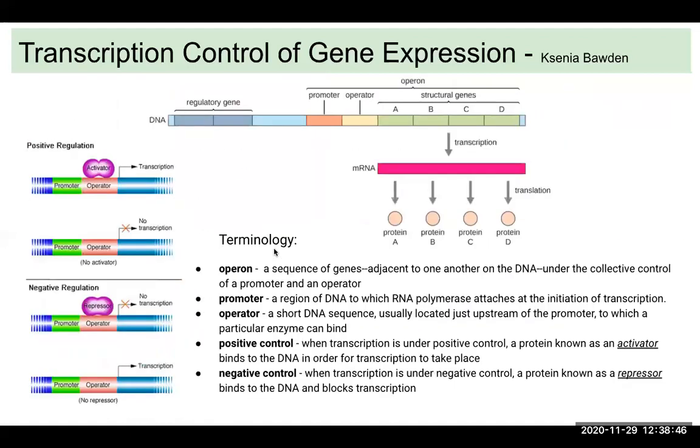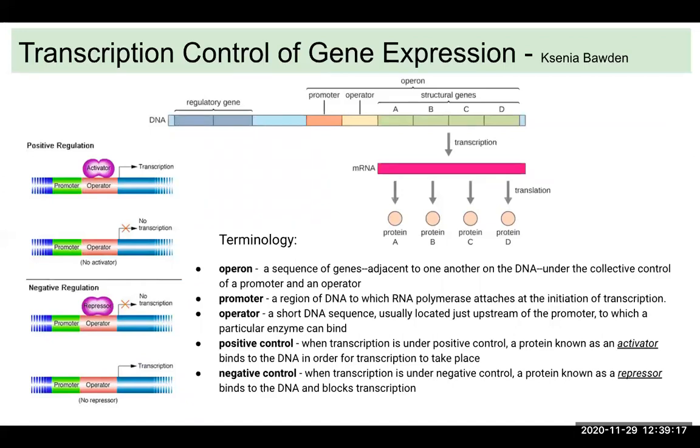I just wanted to go over some terminology quickly. As you'll see in the top picture, we have the operon. It's a sequence of genes adjacent to one another on the DNA, under the collective control of a promoter and an operator, and co-transcribed as a single mRNA.